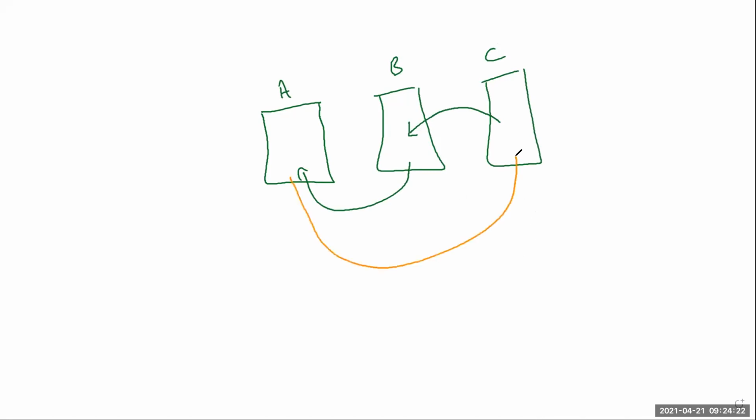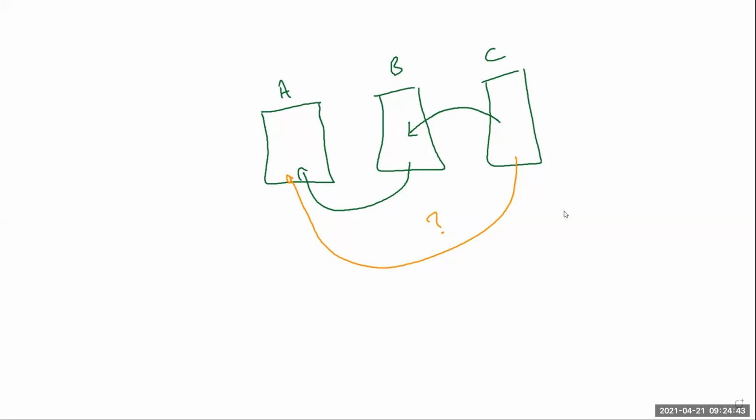Can I say C is also a friend of A? What do you think? You can just quickly type so that we can discuss. B is a friend of A and C is a friend of B. Can I say C is also a friend of A? Yes or no?